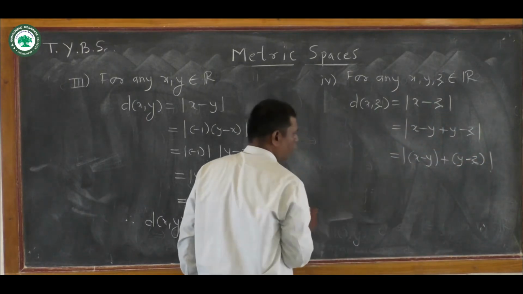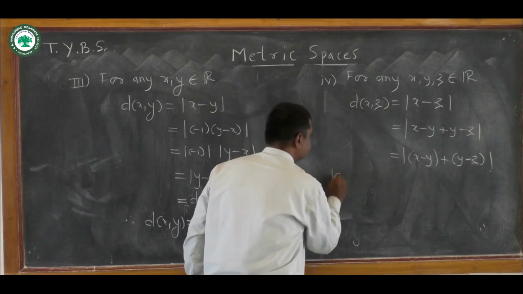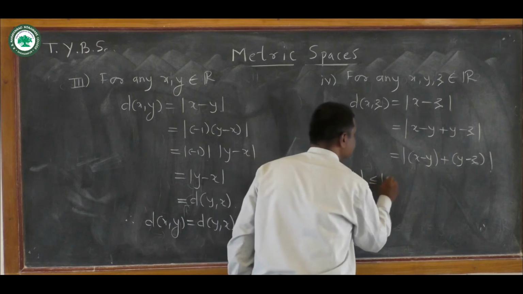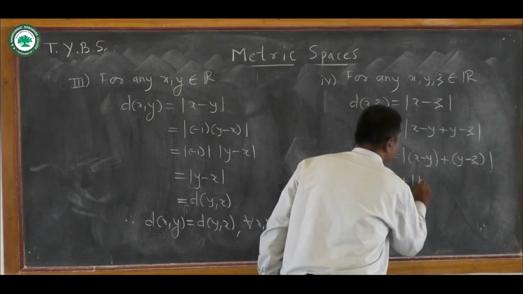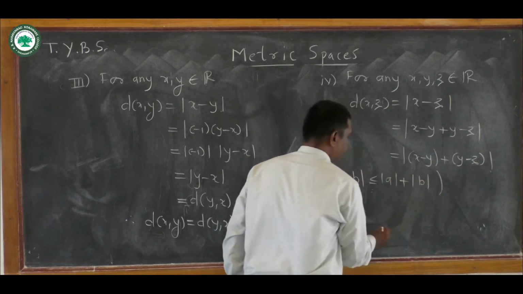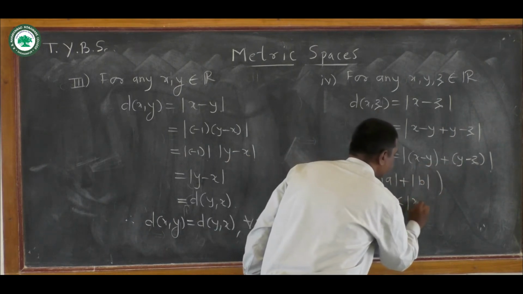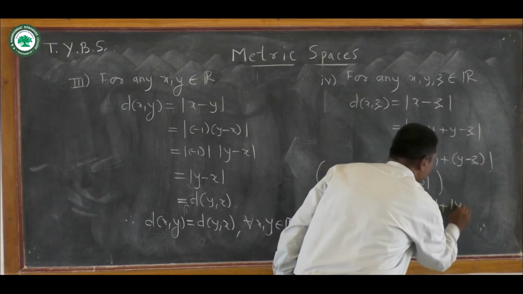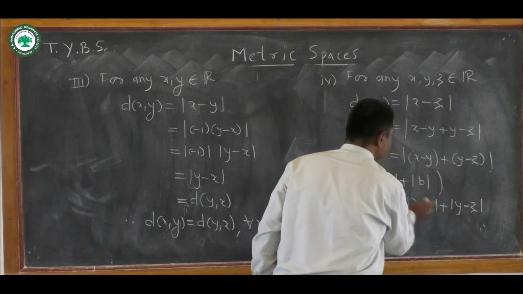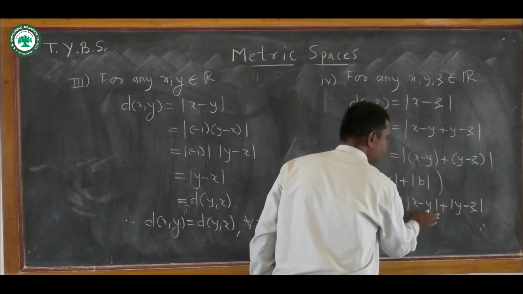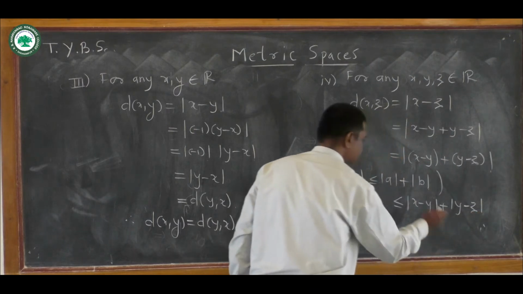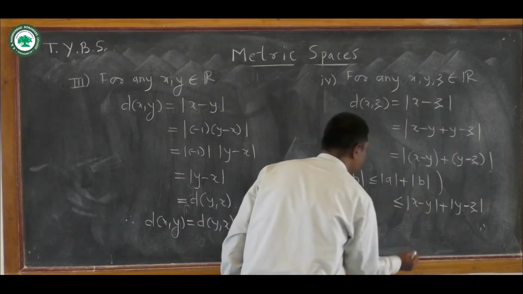We know the property of the absolute value function, that |a + b| is always less than or equal to |a| + |b|. So using this, it is less than or equal to |x − y| + |y − z|. By the definition of D, this is the distance between x and y, plus the distance between y and z.